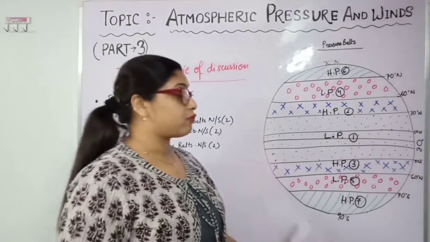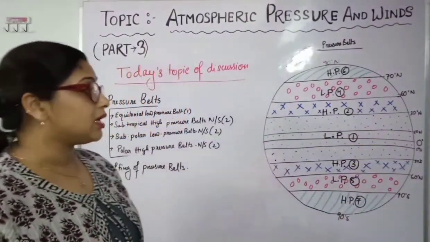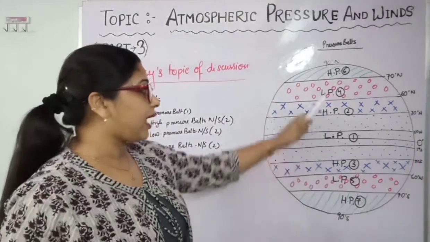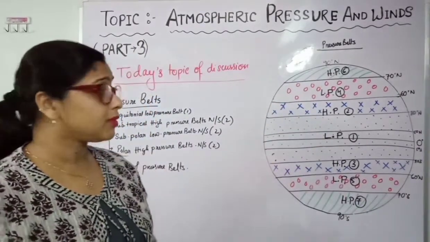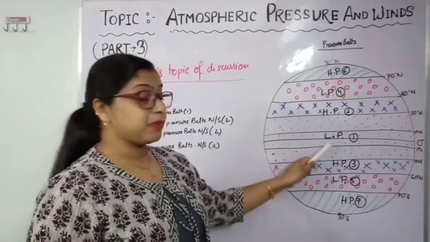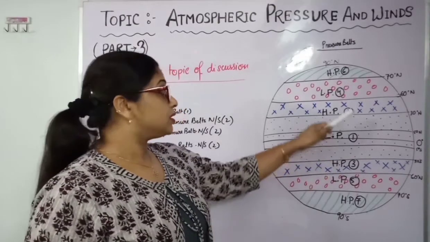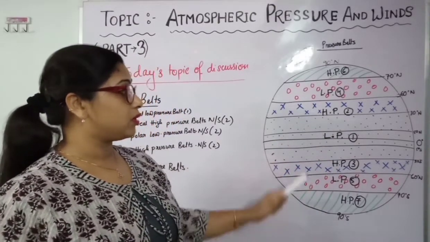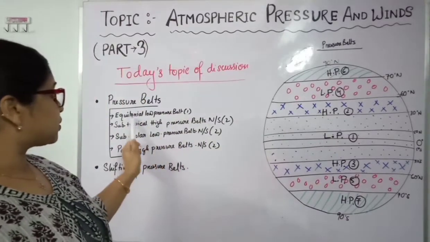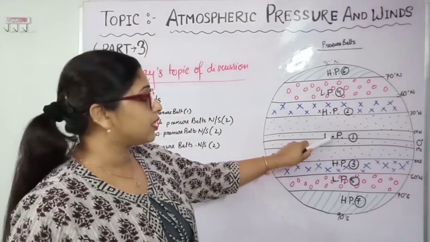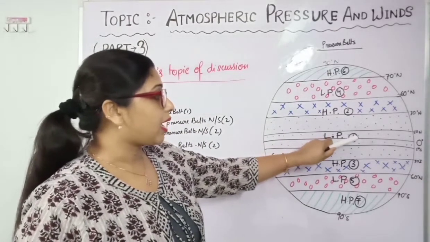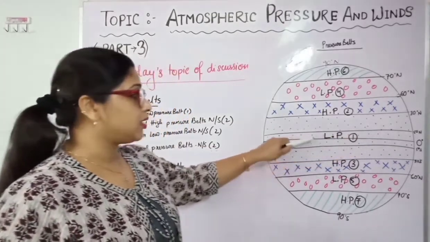Here I have already drawn this diagram, and you can see some numbers I have written, and HP, LP. HP means high pressure, LP means low pressure. These are the low pressure belts of the world. You can see the equatorial low pressure here, at 0 degree, the equator.